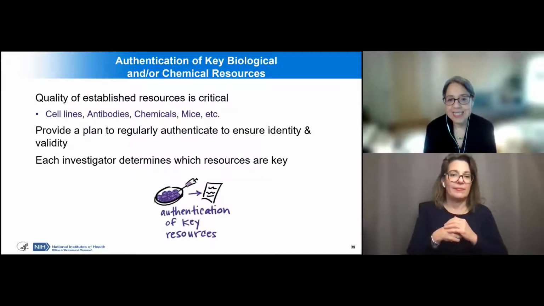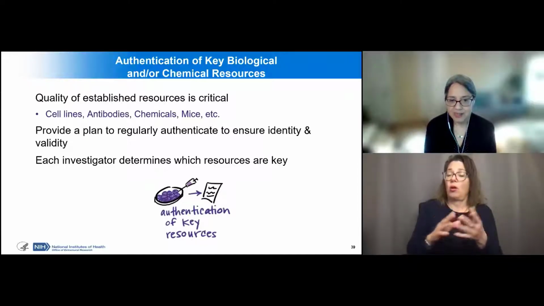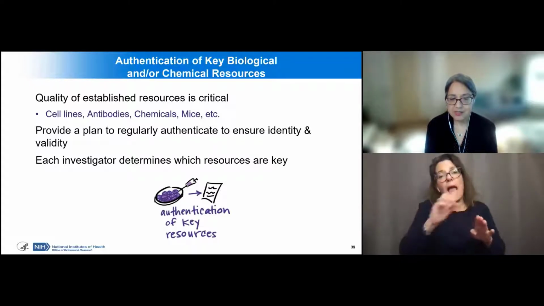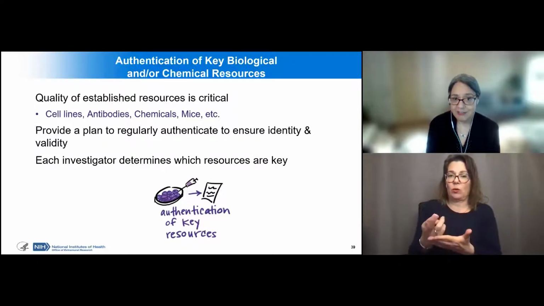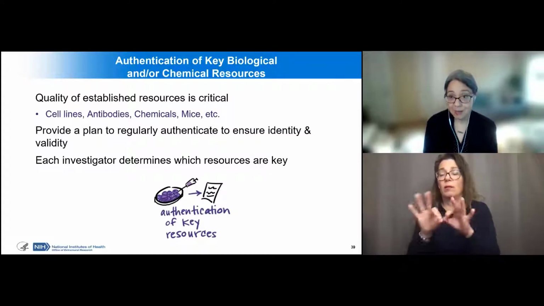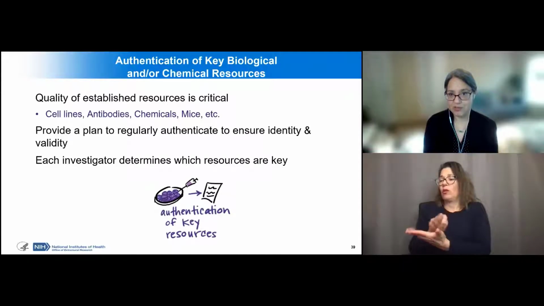Okay, so then the last element of enhancing reproducibility through transparency is authentication of key biological and or chemical resources. We know that the quality of established resources is critical. Again, this policy applies to established resources, not resources that you are developing or propose to develop.